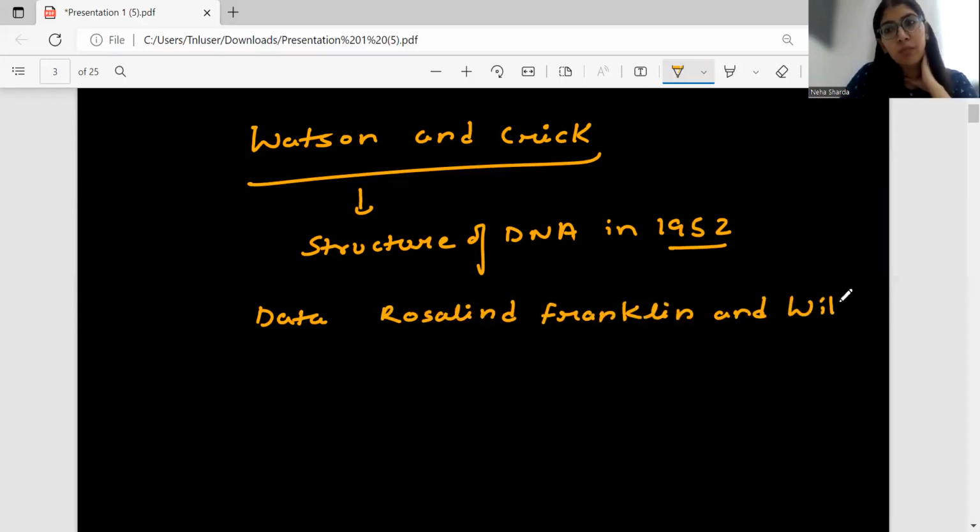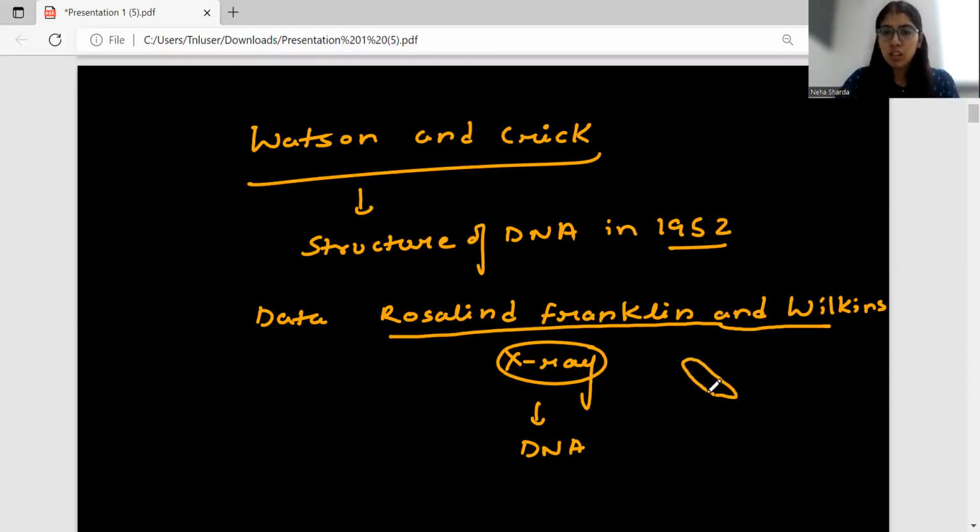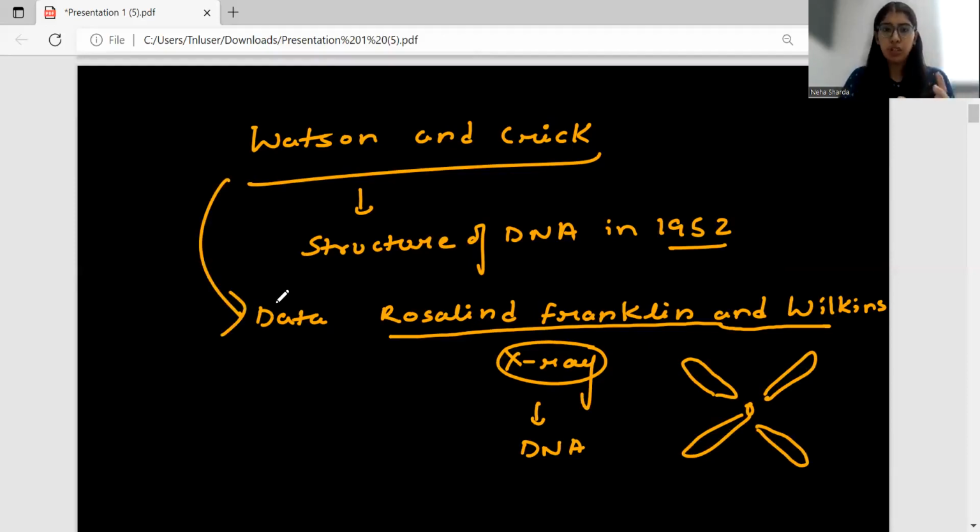Rosalind Franklin and Wilkins are the main scientists who used X-ray crystallography to give the structure of DNA. They used X-ray crystallography to see how the DNA structure looks. Watson and Crick used this data, given by Rosalind Franklin, to give the structure of DNA in 1952.